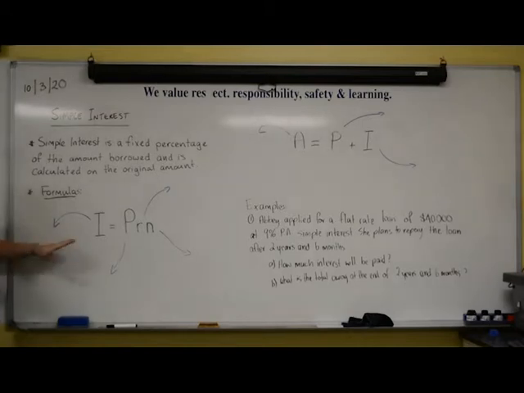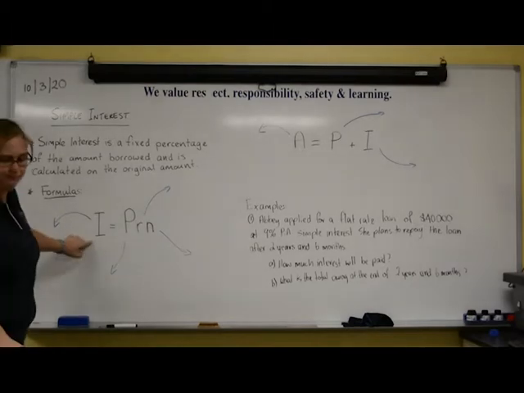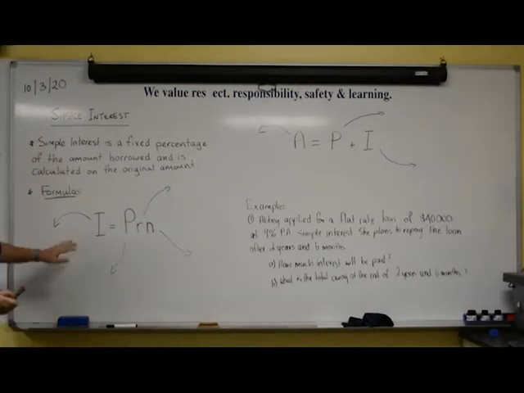So simple interest starts with finding the actual interest itself. That is your I equals PRN. And the I actually does stand for the actual amount of interest.